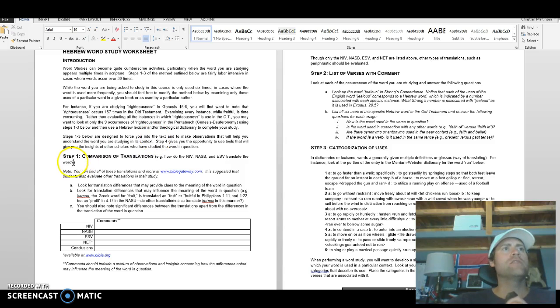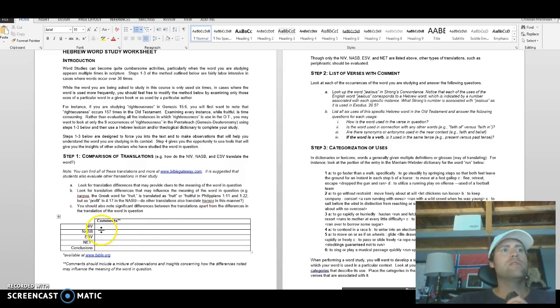So the first step, comparison of translations, right? Look for translation differences that may provide clues to the meaning of the word in question. You should also note significant differences between the translations apart from the differences in the translation of the word in question.